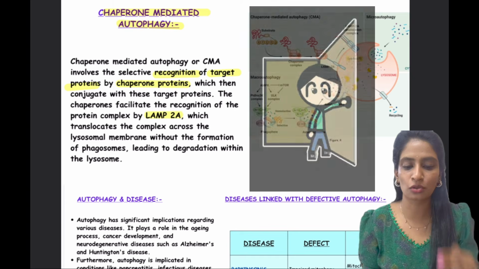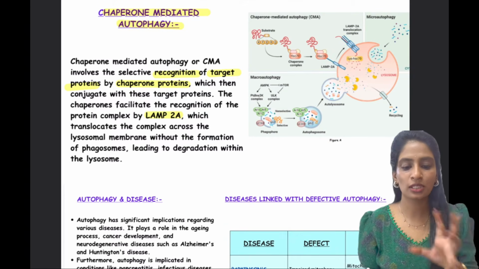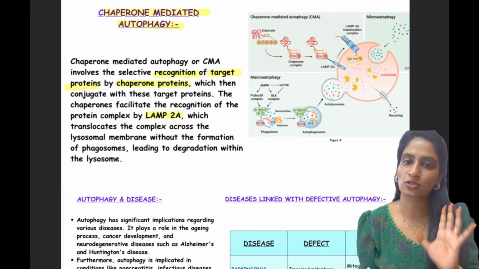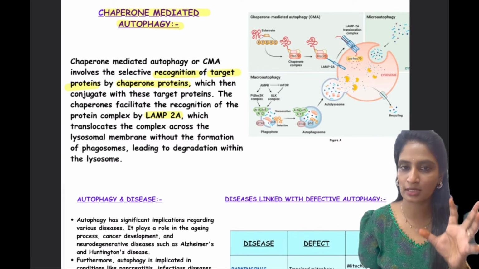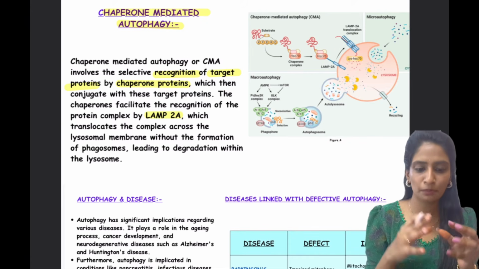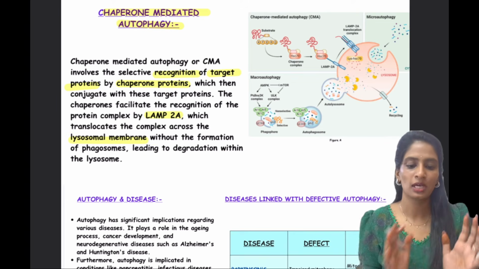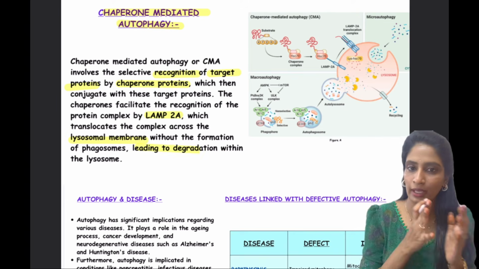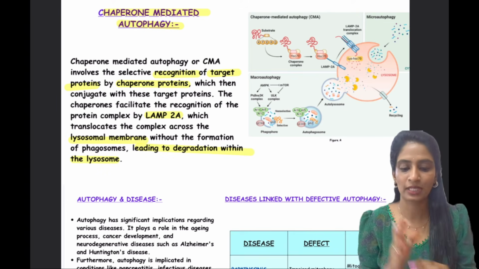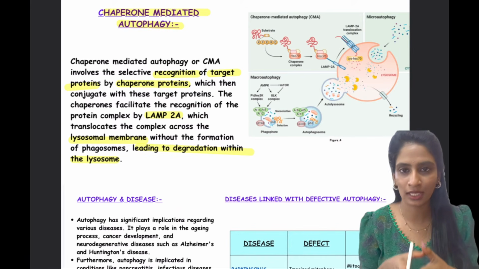The lysosomal LAMP2A is a security door, which is the key gate for this chaperone. Here the chaperone acts like a passcode. Once the chaperone, along with the protein, reaches the lysosome, the passcode is delivered and then it is verified by LAMP2A. That helps the target protein slide within the lysosome.